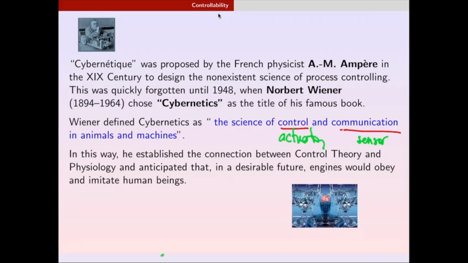So you see that in the definition of cybernetics by Norbert Wiener, the duality between communication and control, the need of sensors and actuators to efficiently control a system, was already there. And you see also this idea that animals and machines should be in alliance. So animals can be humans, and machines can be computers.